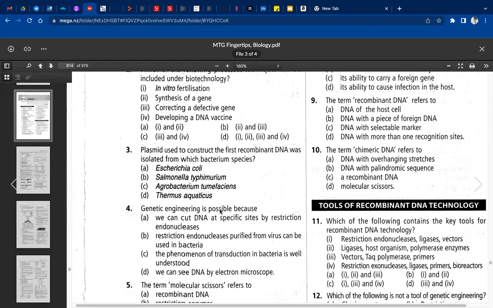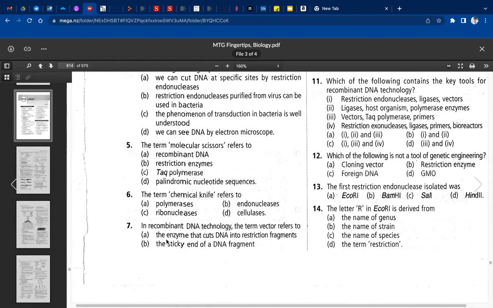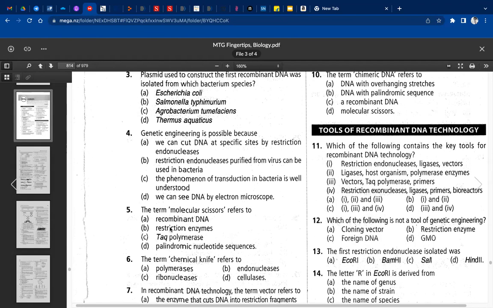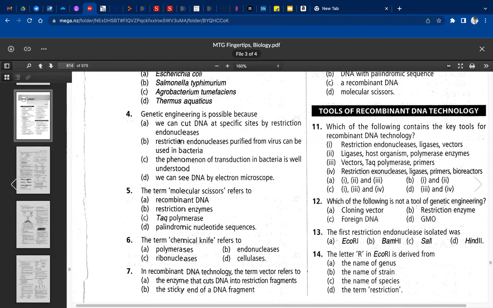If you feel that you need a discussion on a question or find it difficult to solve, don't hesitate, write in the chat that you need a discussion. I'll discuss the concepts behind the question and how to solve questions of a similar kind. Rules are clear? Everything is clear? Yes, sir. Okay, good.